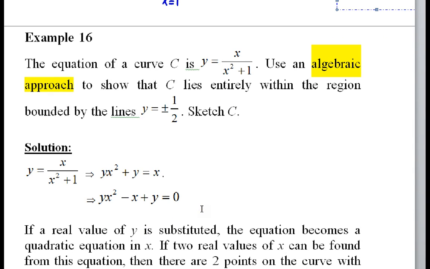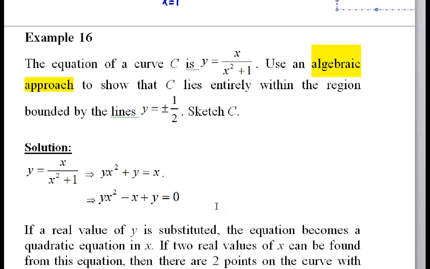Example 16. Remember this, let me go back. There is this example. Which example is it? Example 7.